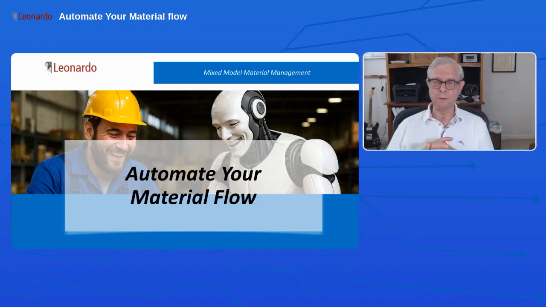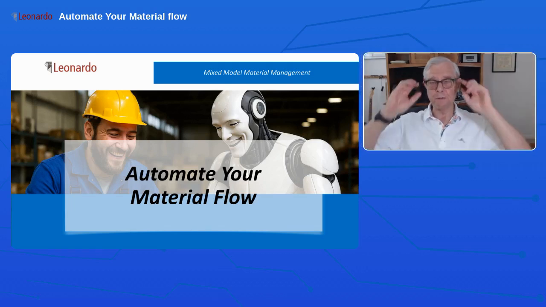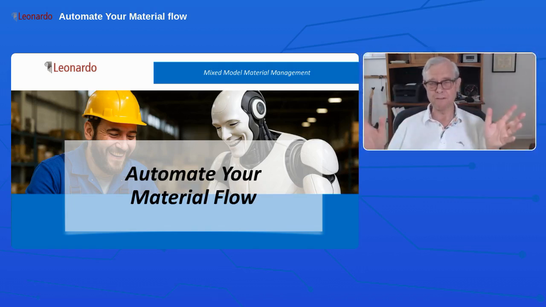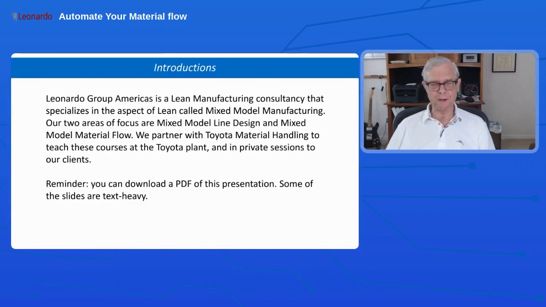And so we have the issue of doing that correctly, whether you're automating it or not. But in today's world, we have this opportunity to really be a lot more efficient, a lot more effective, and at a lot lower cost than in the past by automating some of these key functions. So that's what we're going to cover here in this webinar. So I think it'll be a great one.